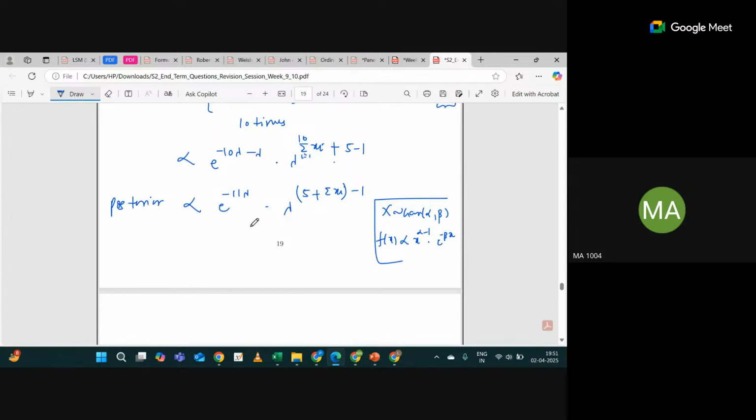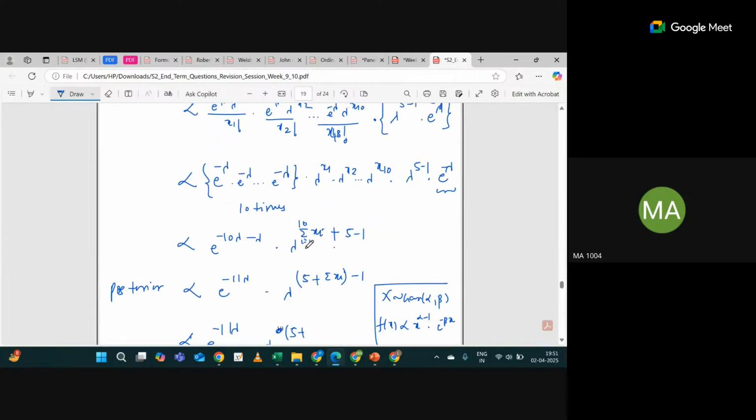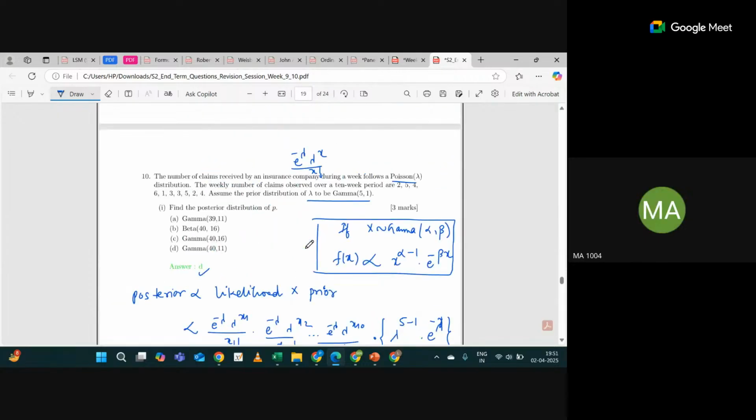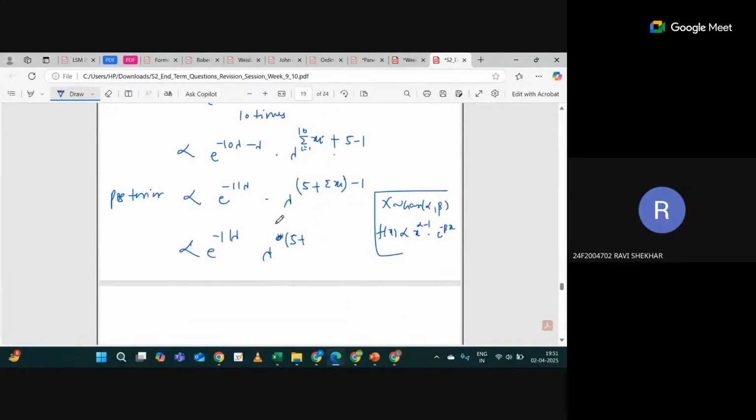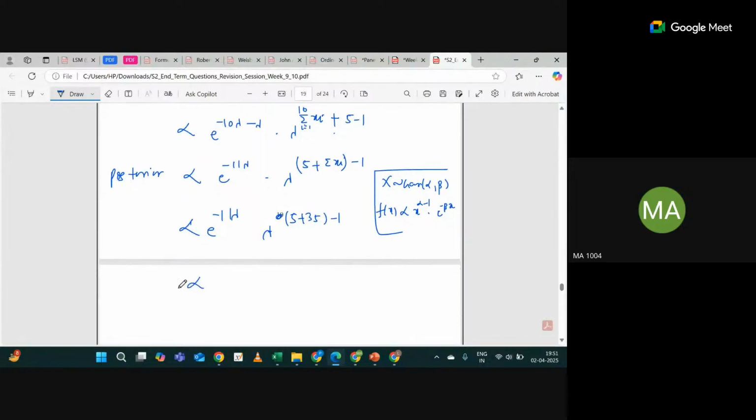So the posterior is e raised to the power minus 11 lambda and lambda raised to the power 5 plus the summation of xi, which comes out to be 35. So the final form is the posterior proportional to lambda raised to the power 40 minus 1 into e raised to the power minus 11 lambda.